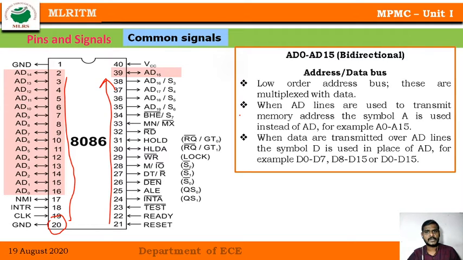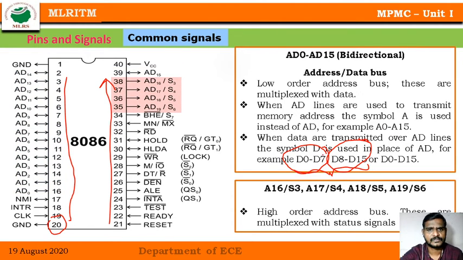If the same pins are used to transmit data, we call them D0 to D15. D0 to D15 are again subdivided into an 8-bit data bus, D0 to D7 and D8 to D15, so that when I want to use 8-bit data transmission, this facility is provided.